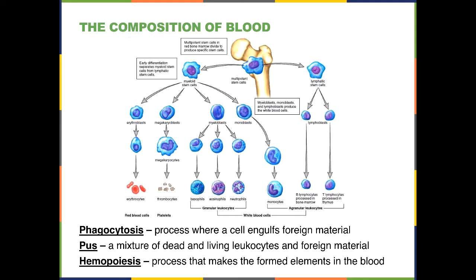We talk about pus. The term pus, some people find kind of gross. Pus is essentially the combination or mixture of dead and living white blood cells or leukocytes, along with foreign material that they've ingested. And so if you were to take a smear of pus, put it on a slide, and stain it, you would see live white blood cells, dead white blood cells.